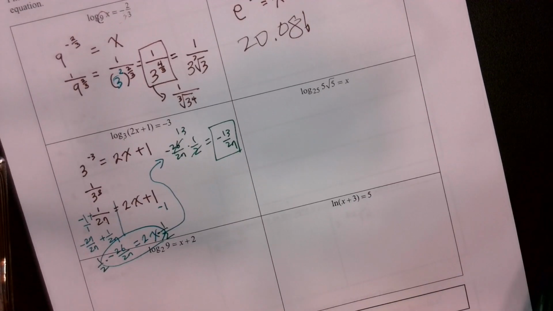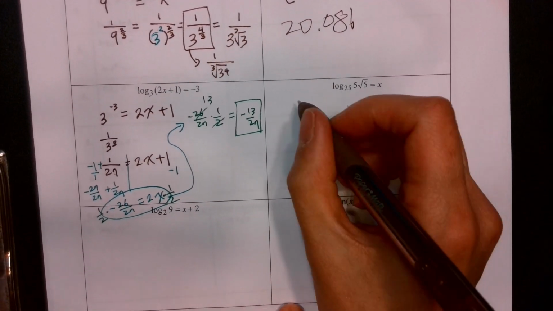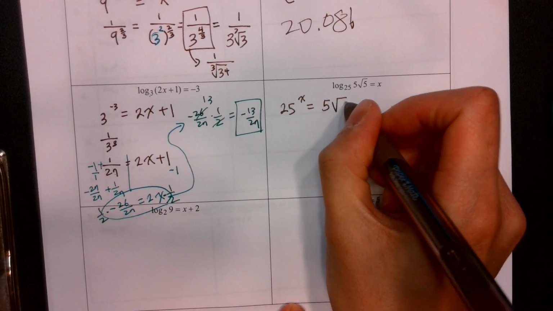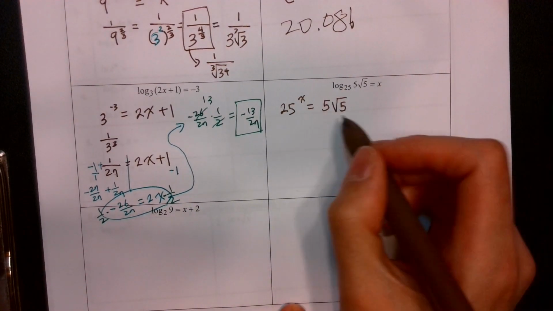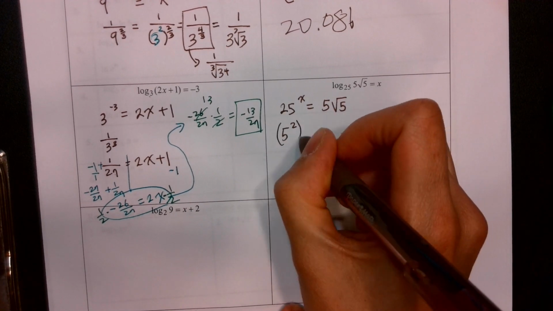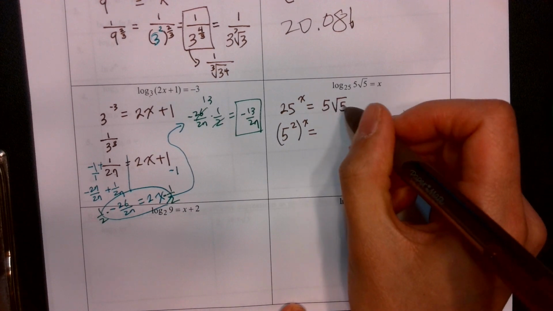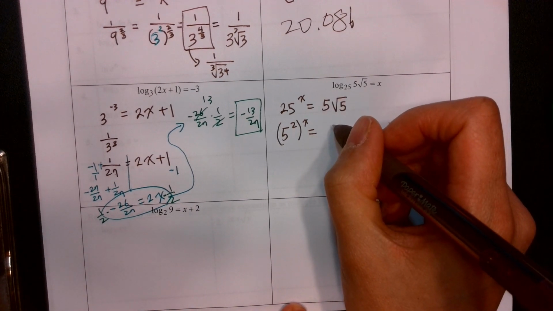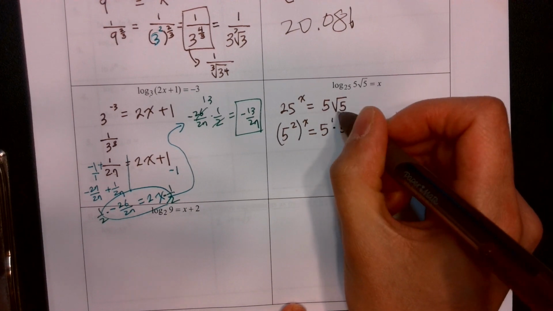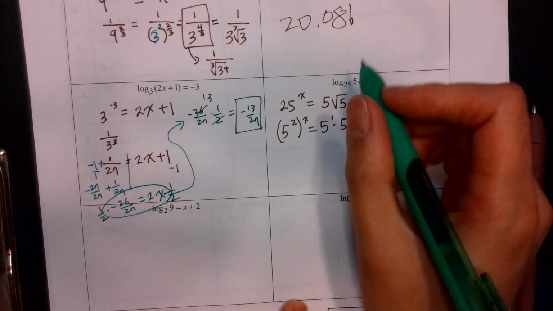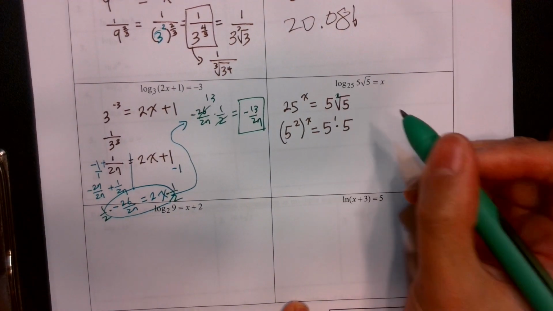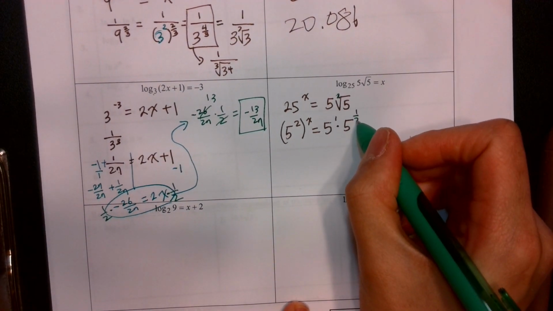Alright, this one, convert to the exponential form again. Base 25, exponent x, is equal to 5 square root of 5. Convert to the same base. 25 is what? 5 squared. Over here, it's kind of similar to what I went over before, right? 5 to the 1st power times 5 to the square root, that square root means it becomes the exponent, so it's going to be half.